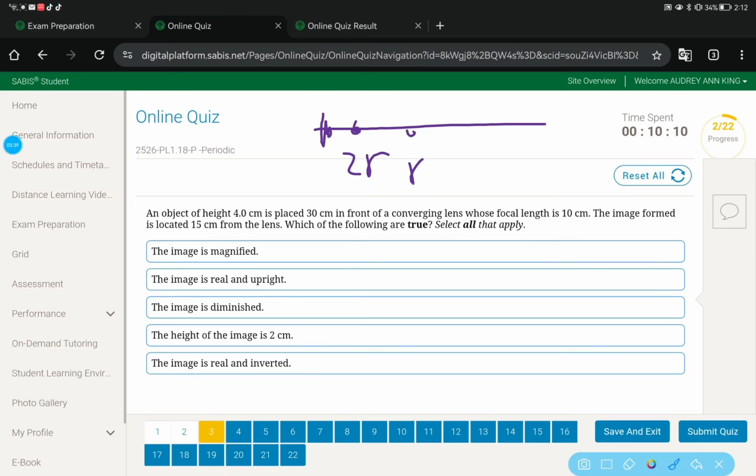Okay, so the second focal length, the optical center, the 2F. So if the object is here, and it's inverted, it's going to go straight through like that, and then the second one is going to go like that.